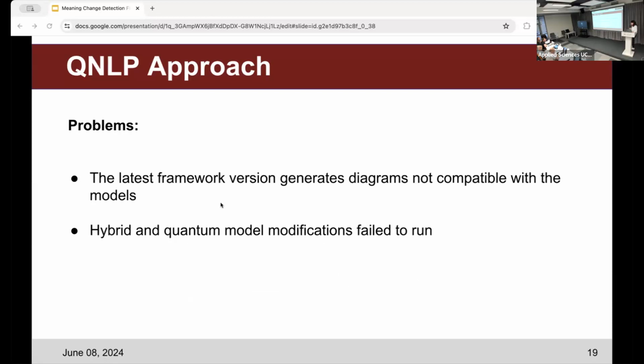At first, the diagrams it generated had incompatible formats, and what is worse, the most interesting hybrid and quantum model modifications failed to run due to intrinsic framework errors, which we were not able to fix.